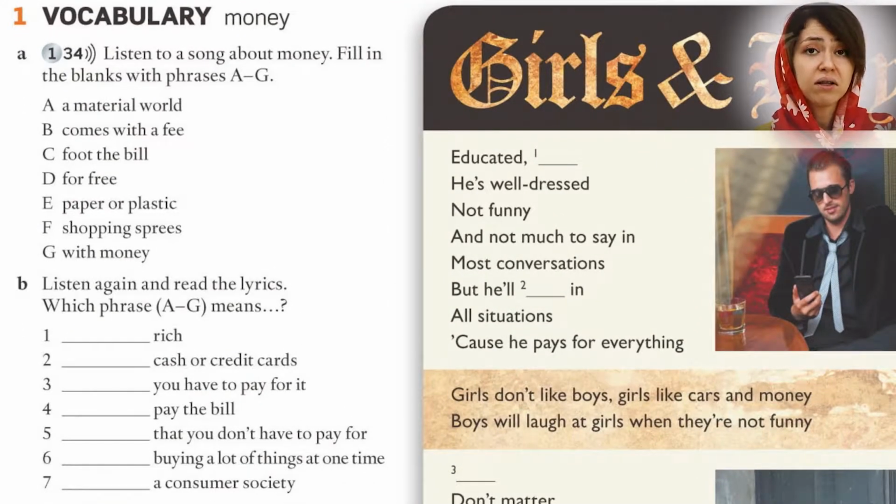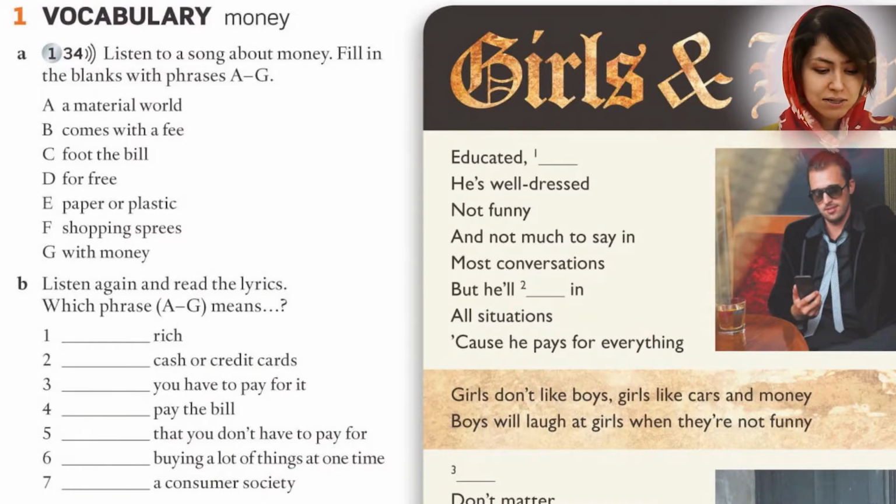A material world. Okay, so what's the meaning of that? What do you think? Let's go to the options below to find that out. Rich. No, it's not related. Cash or credit cards. Not related. You have to pay for it. Nope. Pay the bill.